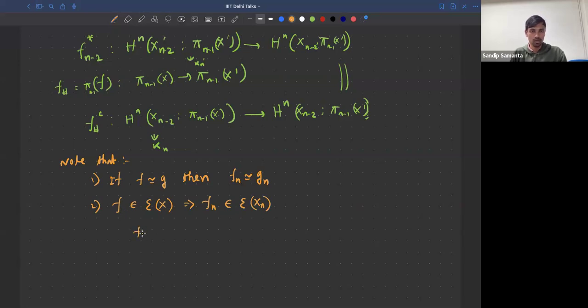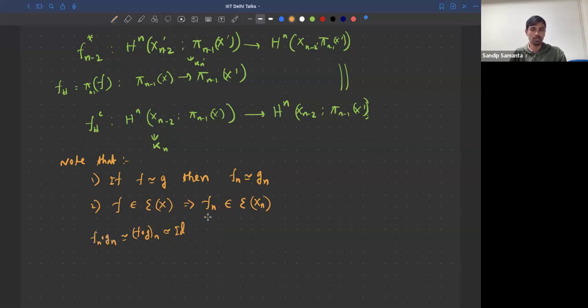Then we have f composed with g_n is up to homotopy equivalent to the identity map on the X_n level, but f_n composed with g_n is also a choice for this. So by uniqueness, this is again f_n composed with g_n.